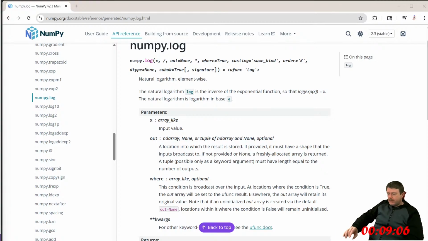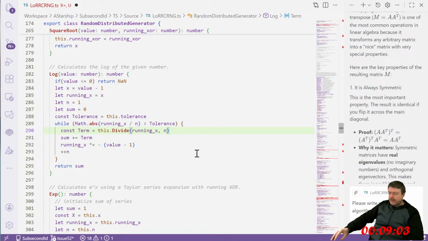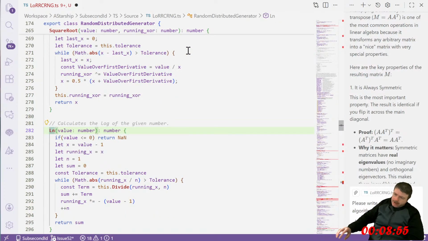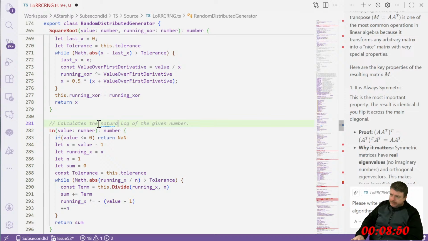So these people are rude. I haven't programmed in Python in a while. I should know this, dude. I do not want to call this. I'm sorry. It wouldn't make sense if it was log base 10.